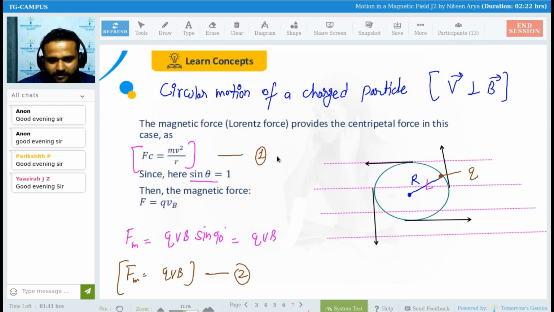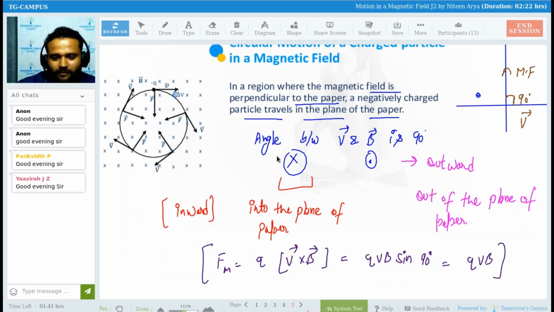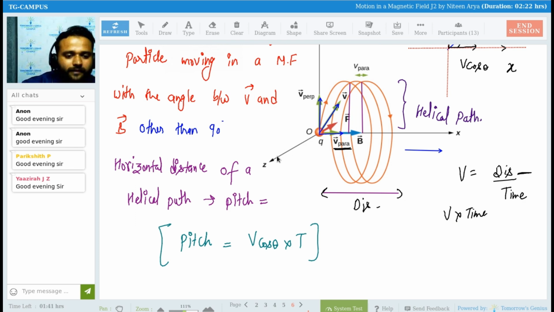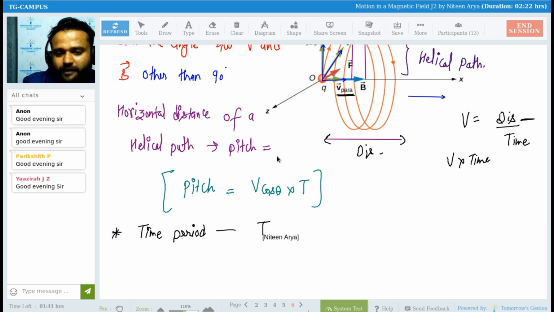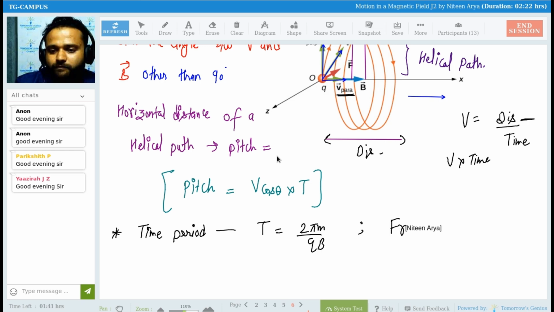Okay, I go back and then I'll explain where I explain this helical path. Yeah, here. So let me write down again here. The time period we find, T, which is 2 pi m upon qB, or the frequency we have.